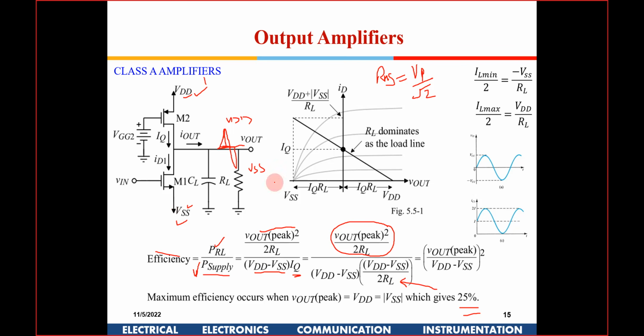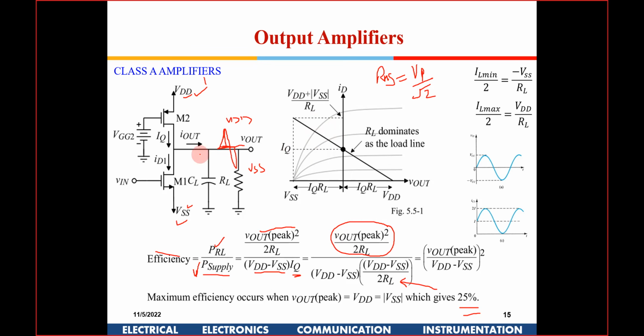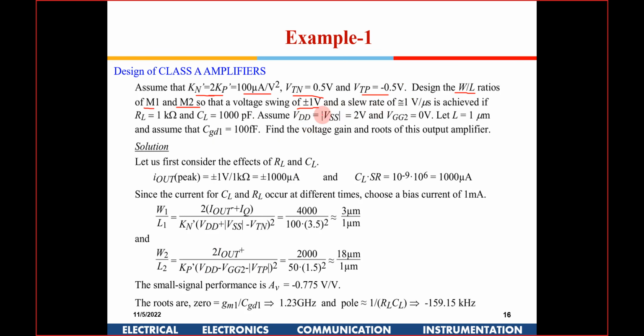Yes. Okay. Now this is one example where Kn is given as 2 Kp. Vtn is given, Vtp is given. Design the W/L ratios of M1 and M2 so that a voltage swing of plus minus 1 volt is available at the output. This is the output voltage which I require.